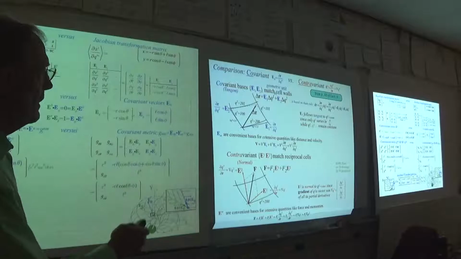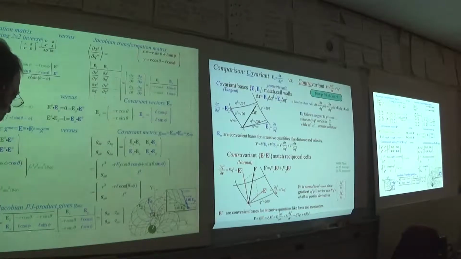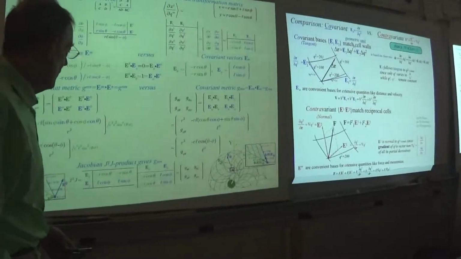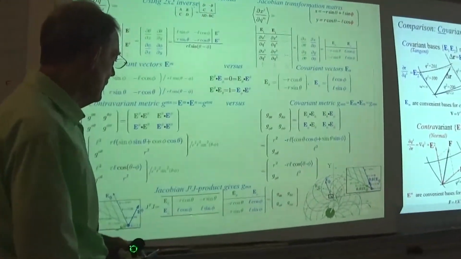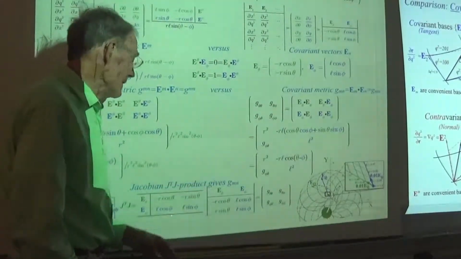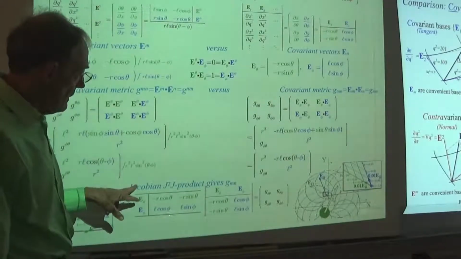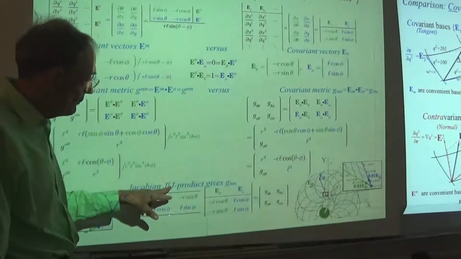And we do have a couple more things here to mention, and that is that the product that gives G mu nu, GMN, in our non-Latin approach here, is a Jacobian transposed with a Jacobian.